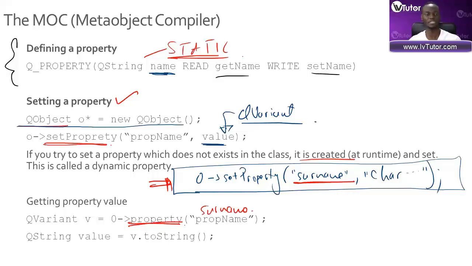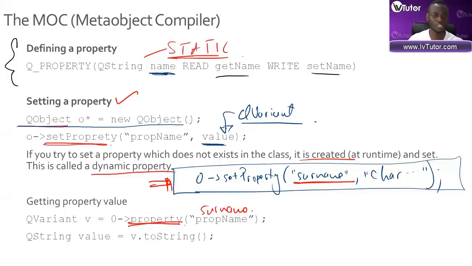Now, these properties are what are then referred to as dynamic properties. So every time you see a set property function with a property that doesn't exist in the class, it means that property will be created at runtime when the compiler gets to that line, and those are what are referred to as dynamic properties.